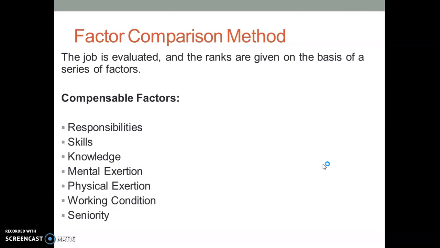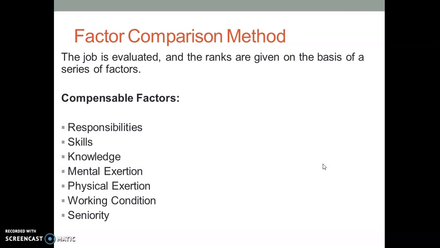So for the hard work which an individual has put into attaining such degrees, such knowledge, such education, the person must be compensated. And that person's expertise is part of the knowledge itself. So that is part of the compensable factor.